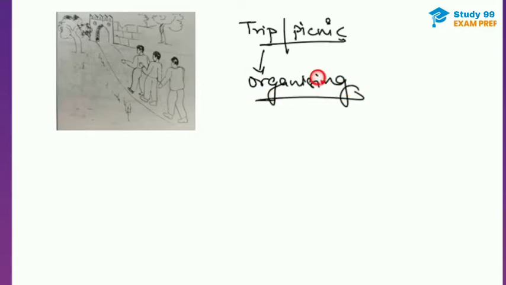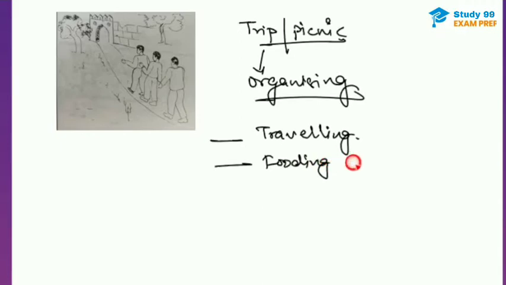You can make a story upon organizing it: how did you organize the travel? You can also add what all fooding you arranged for. You can also make the story about camping on the site, and what all recreational activities you did.